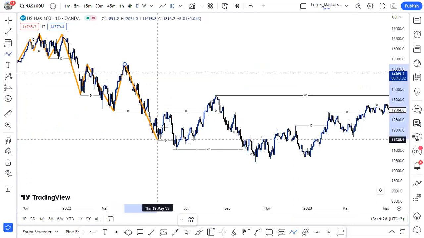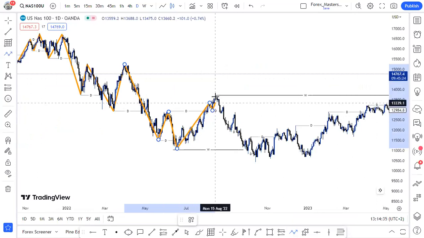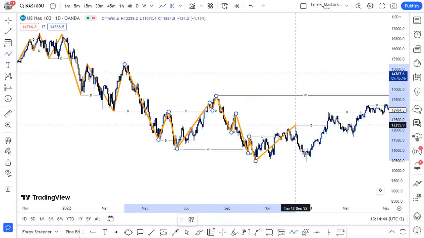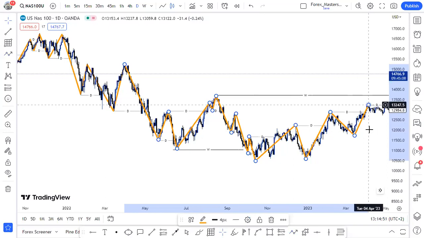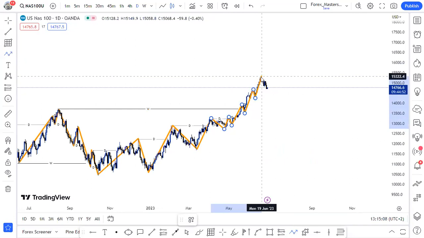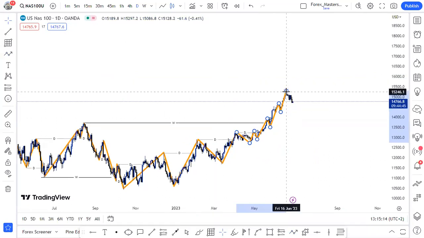Lower low, lower high, lower low, then higher high, higher low, higher high, then lower low, lower high, lower low, lower high, lower low, then higher high, higher low, higher high, higher low, higher high, higher low, higher high, higher low, higher high, higher low, and higher high. So, okay, this is our daily structure.